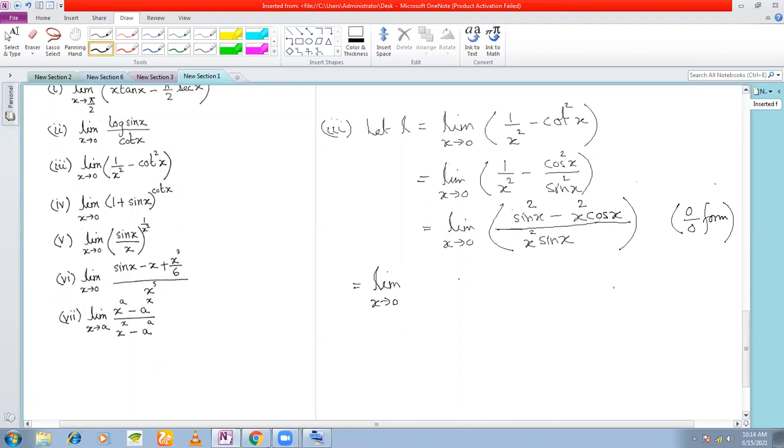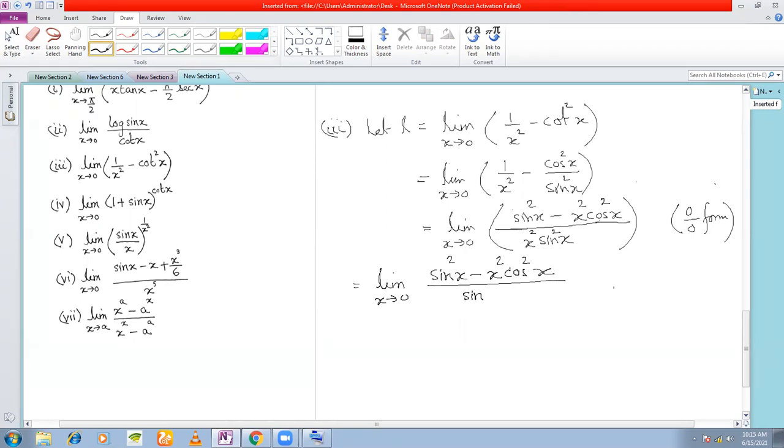Before applying L'Hospital's rule, there's something that you can do here, it seems. Because applying L'Hospital's rule directly will actually complicate matters a little. So what you do here is, sin square x minus x square cos square x divided by, now here you have a sin square x.